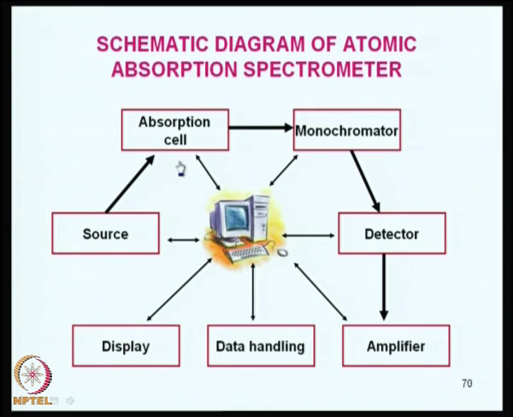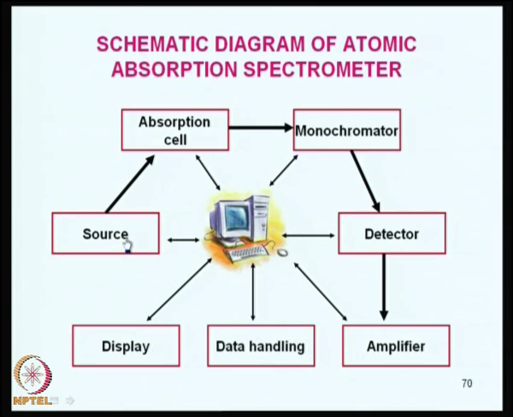to adjust the positions of the source, absorption cell, height, length, etc. But still the chemistry, the computer cannot do anything. So, we have to understand the different kinds of components that go into the atomic absorption spectrophotometer.